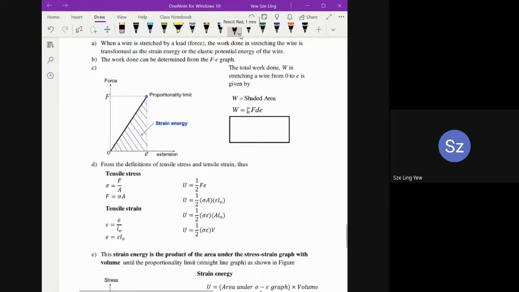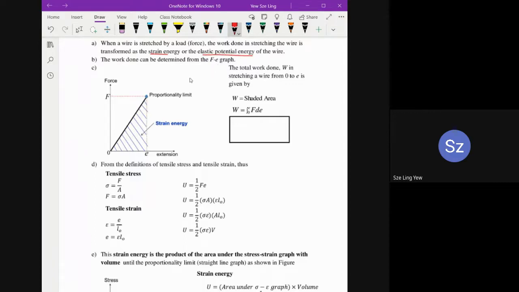So when you stretch something, it will have a restoring force, and the work done to stretch it will be transformed into strain energy. Once you release the object, this strain energy, or elastic potential energy, will make the object go back to its original shape.